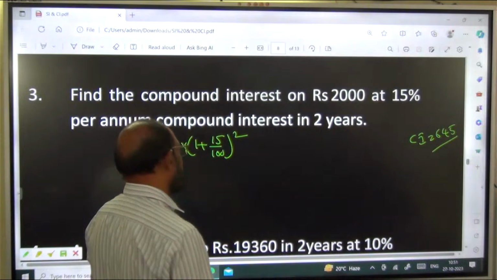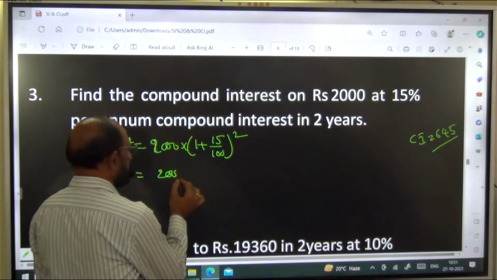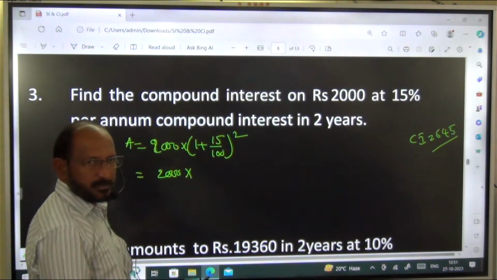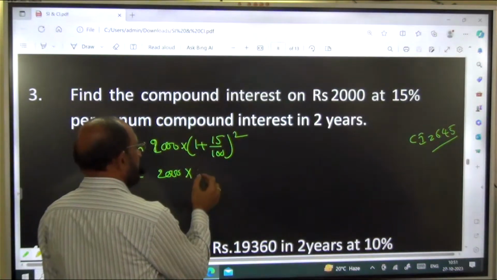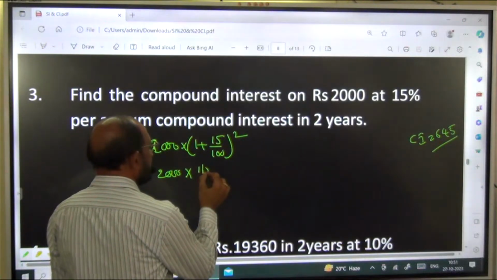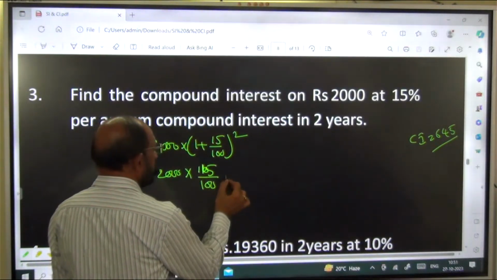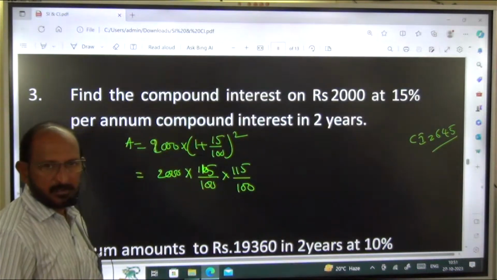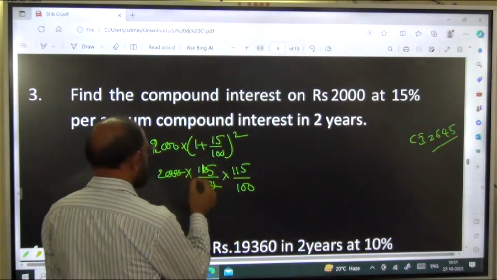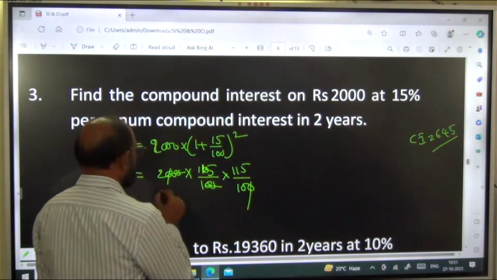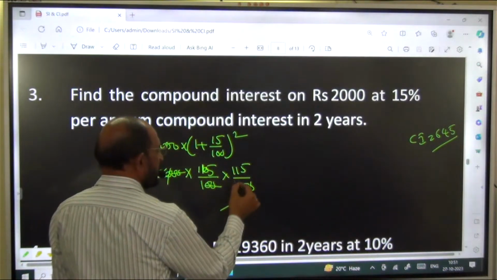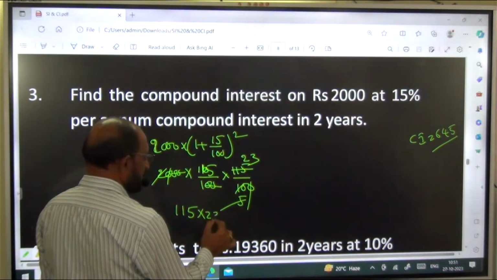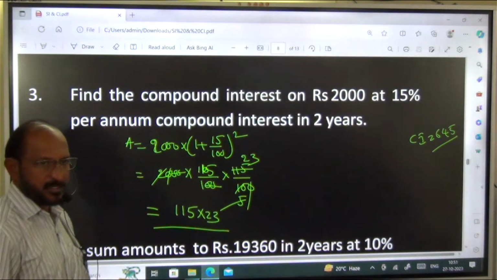Let's check that. 2000 into, if we want to calculate, 115 by 100 into 115 by 100. Zeros cancel, one more zero, one more zero, two ones, two fives, five ones, five twos 10, five threes, 115 into 23. This is one method to calculate.